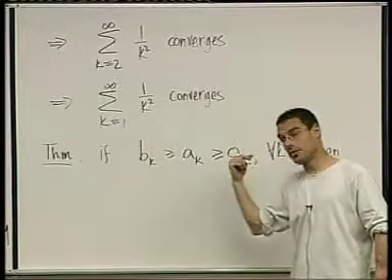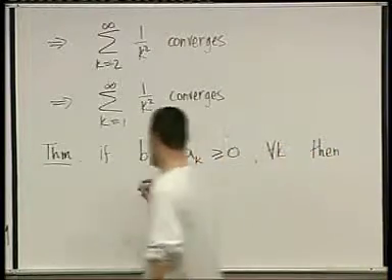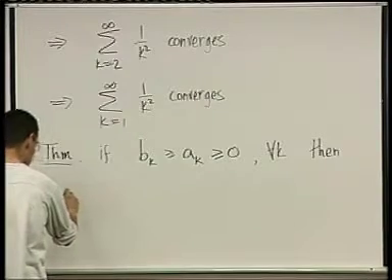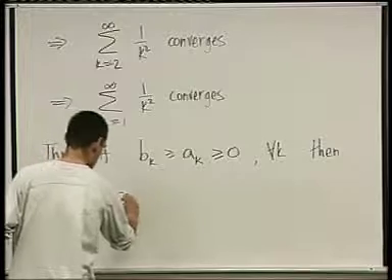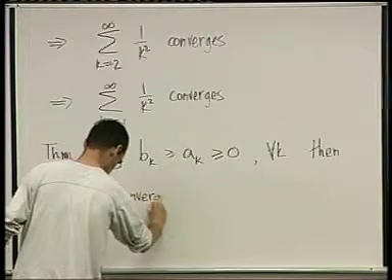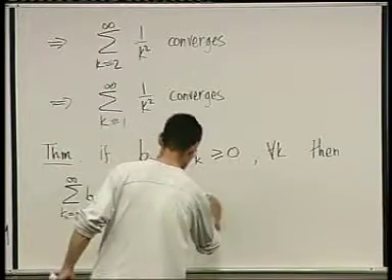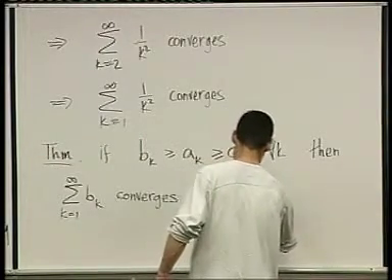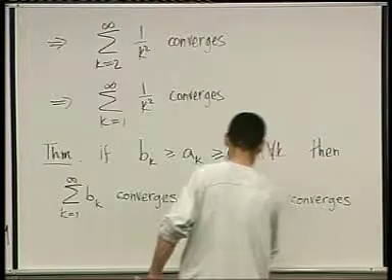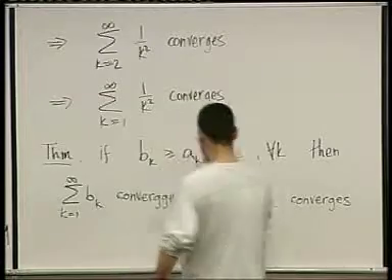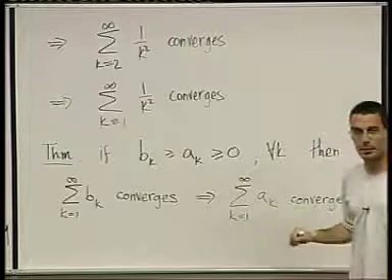Just like in the integral version, the comparison was at the level of the function. And the conclusion, then, sum bk converges implies sum ak converges. If the bigger one, when you sum it, converges, so does the smaller one.